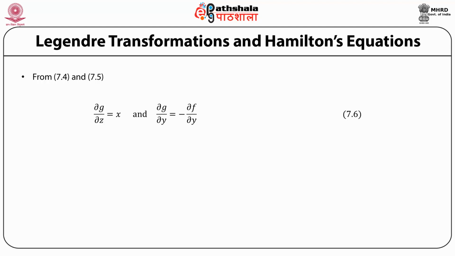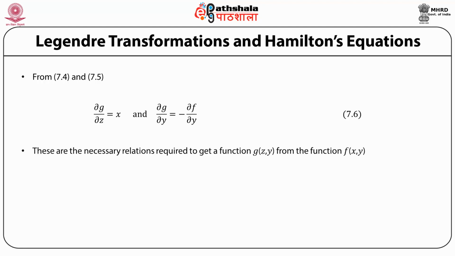So these are the necessary relations required to get the function g, which is a function of variables z and y, from the function of x and y. So given a function of x and y, we obtain a new function which is a function of z and y. These are the necessary conditions, where this new variable z is defined as the partial derivative of f with respect to x.